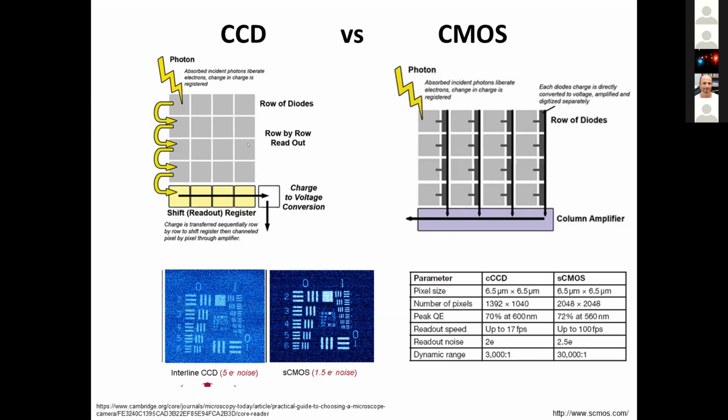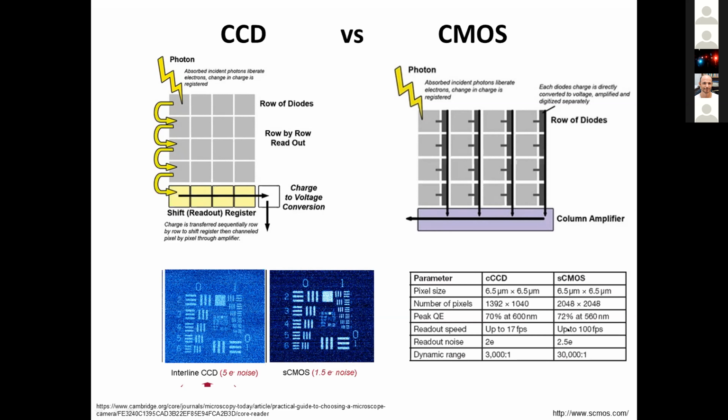And this is the main difference between the CCD and the CMOS technology, in which we have a rolling shutter. Each of the actuators works independently. All of them have their own amplification and conversion, and basically you read all of them line by line, one after another. This makes a huge difference in the speed at which you can read.